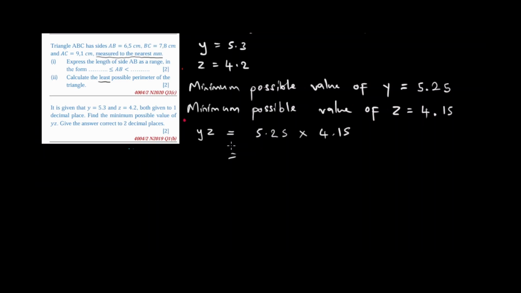So 5.25 multiplying 4.15, it's equal to 21.7875, but tazonzi correct to 2 decimal places. Our answer is evidently going to be 21.79. And this is 2 decimal places.